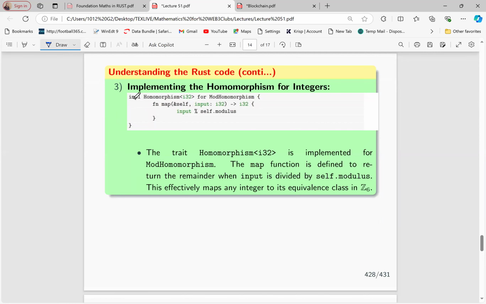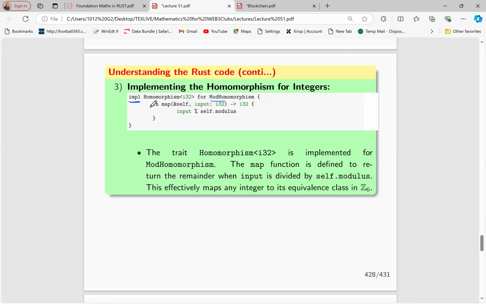Okay, then we have this implement homomorphism i32 for mod homomorphism. Then we have a function, again the same thing, self-input to.